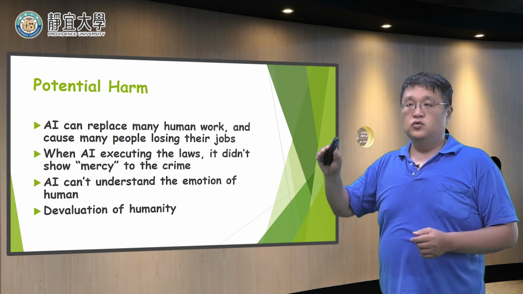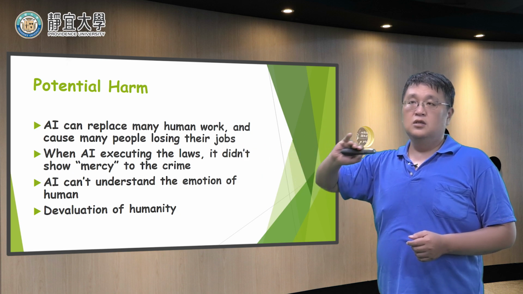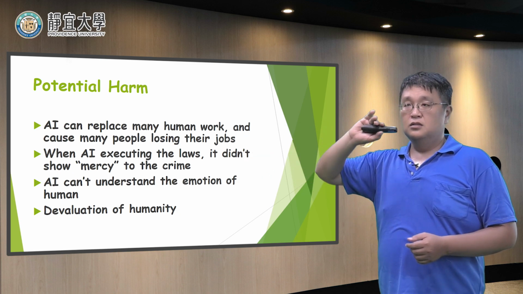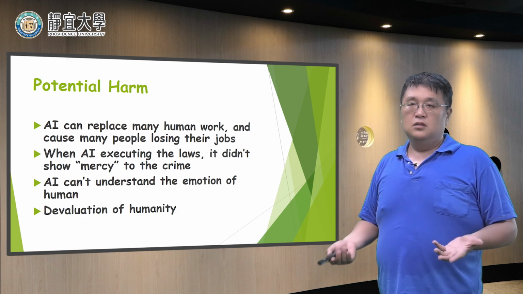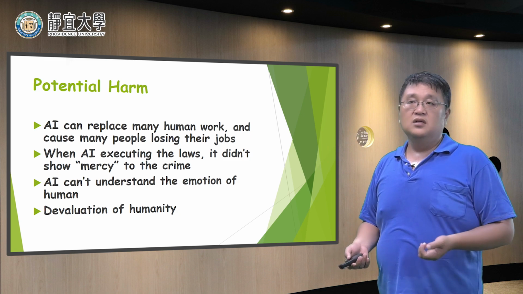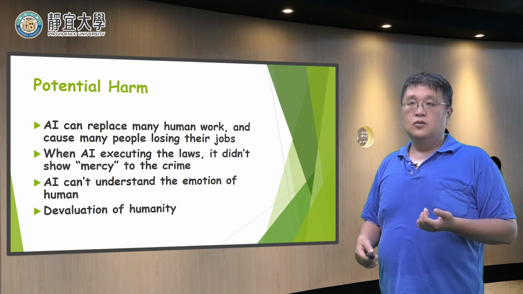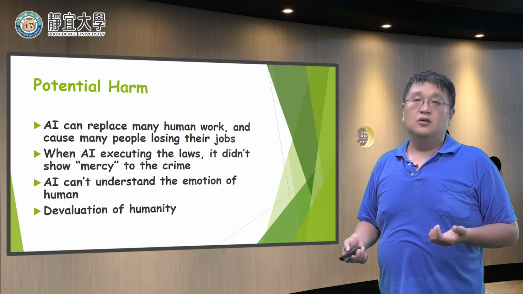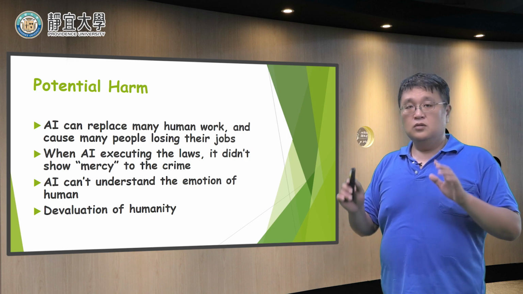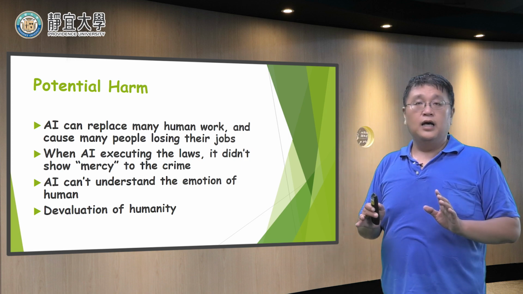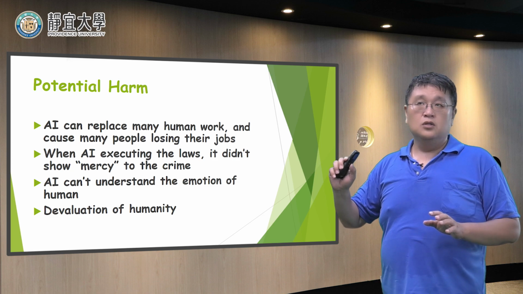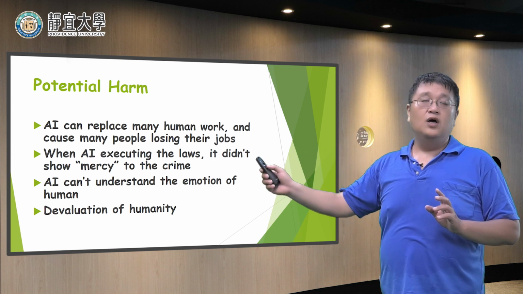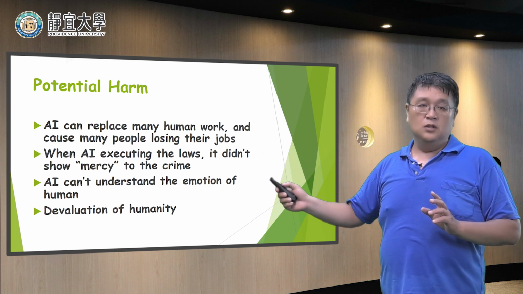Crime is crime. You have parked at the red line, so you will be charged 6,000 NT dollars. So when you use AI to judge a crime, it shows no mercy.